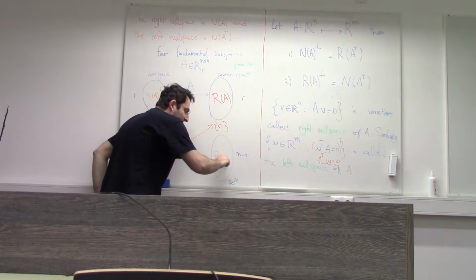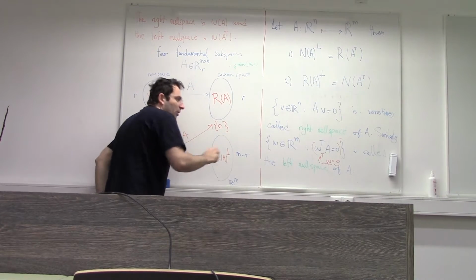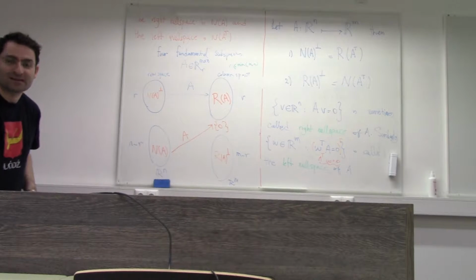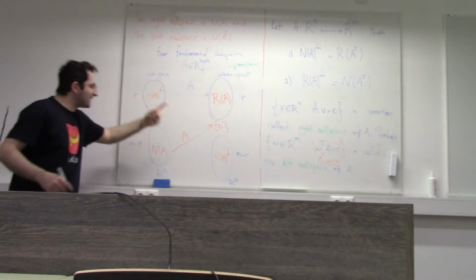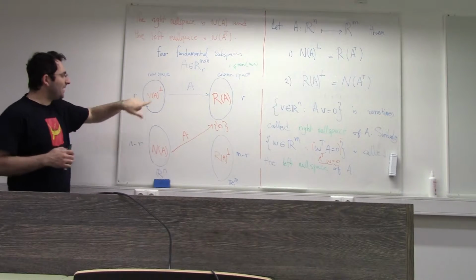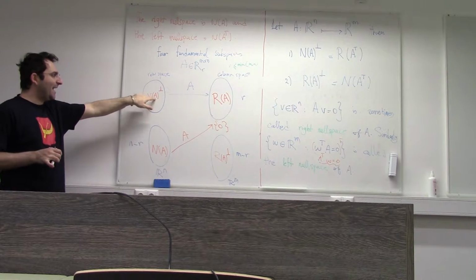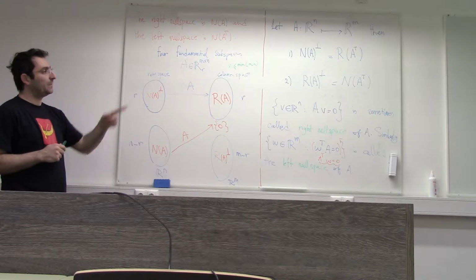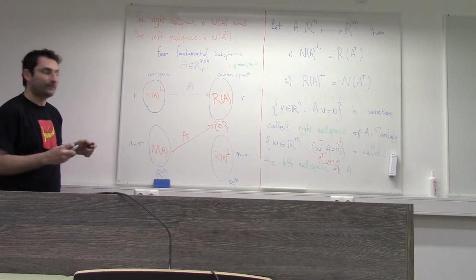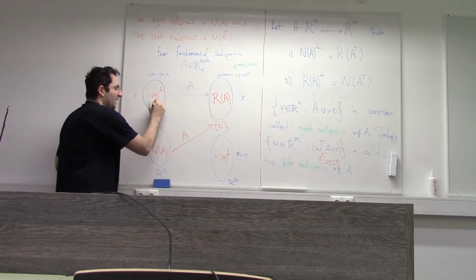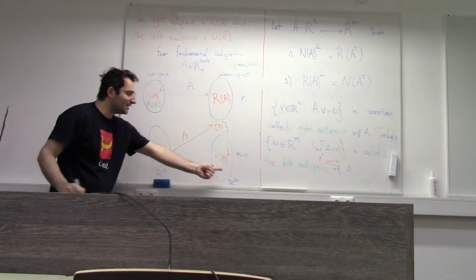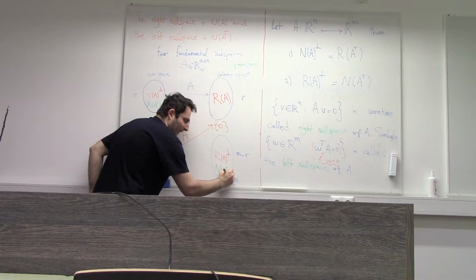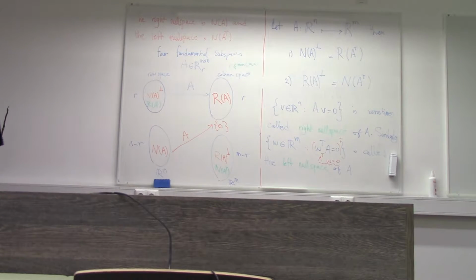It's range A orthogonal complement. However, orthogonal complement calculation is not very easy. I can represent these two in an easier form. Can you tell me what is an easier form to represent NA orthogonal complement? Yeah, range A transpose. This is the range of A transpose, and this one is the null space of A transpose.